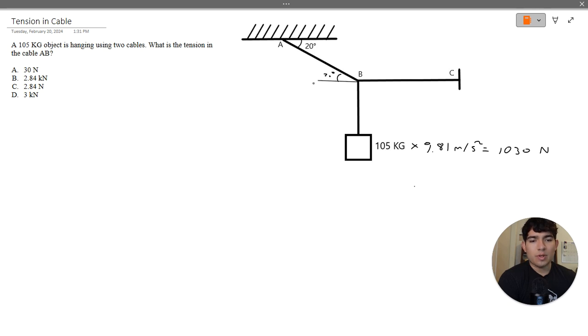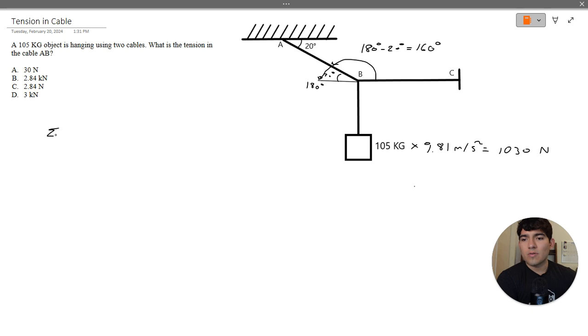And we know that if we take this angle all the way, it's 180 degrees. So if we do 180 degrees minus 20 degrees, we get that this angle here is 160 degrees. And we're going to use that in our equation of the summation of the forces.